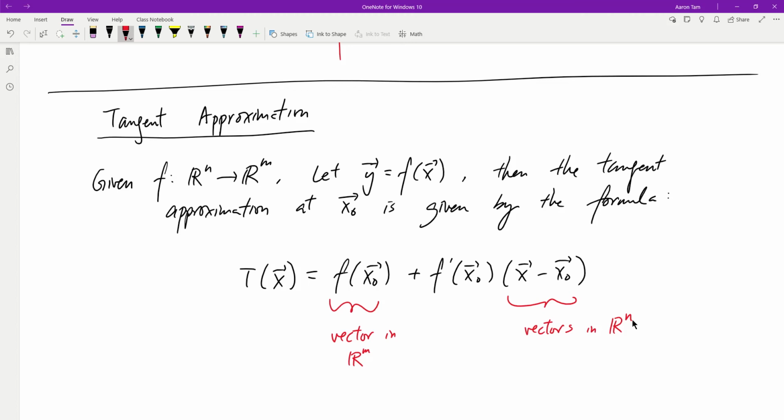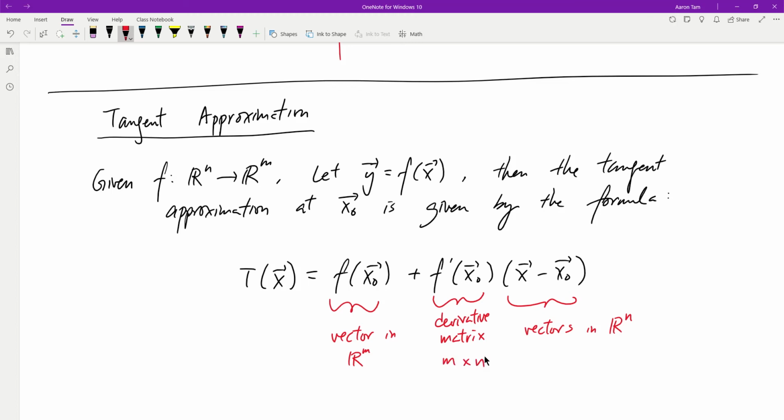Well, what happened is f prime. F prime is the derivative of a vector valued function of several variables. Based on what we learned, this has to be a matrix. So this thing right here is actually the derivative matrix, and it has a specific dimension, which is m by n.